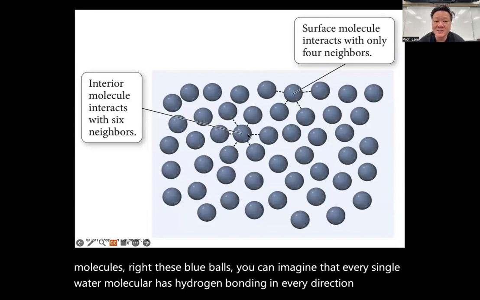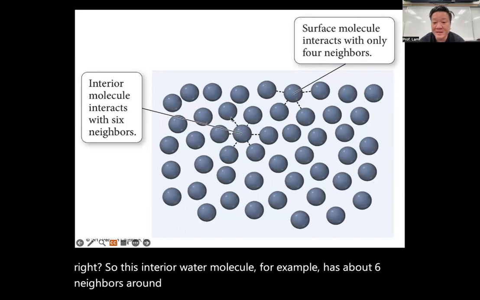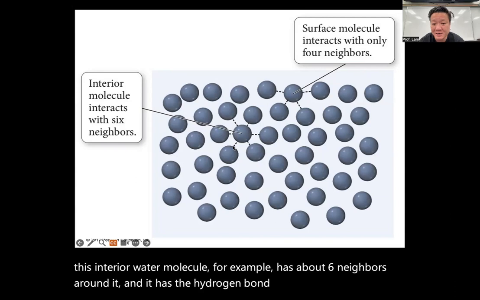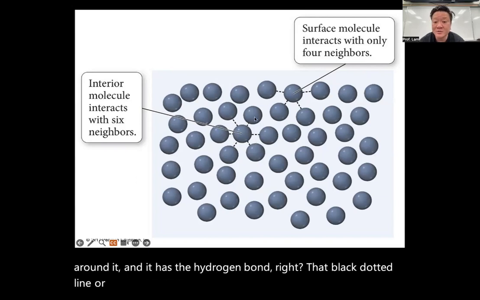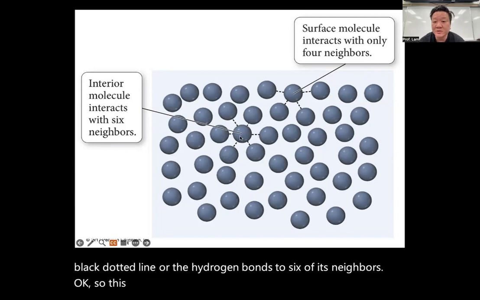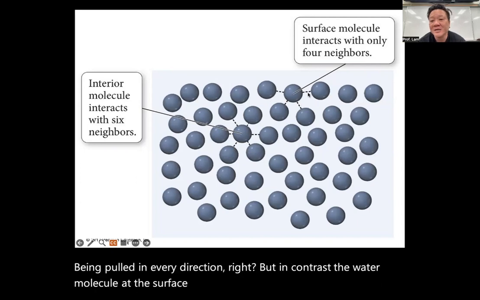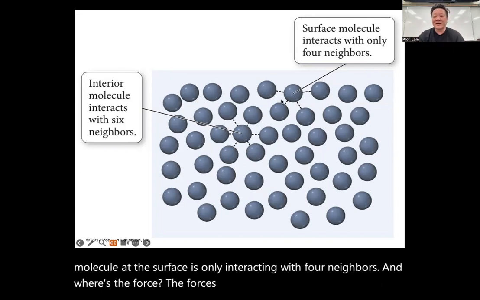This interior water molecule, for example, has about 6 neighbors around it, and it has hydrogen bonds, the black dotted lines, to 6 of its neighbors. So this interior water molecule is being pulled in every direction. But in contrast, the water molecule at the surface is only interacting with 4 neighbors. And where's the force? The force is lateral and also downwards.